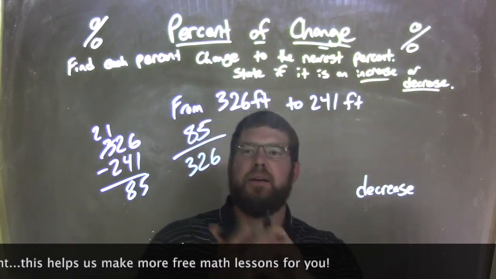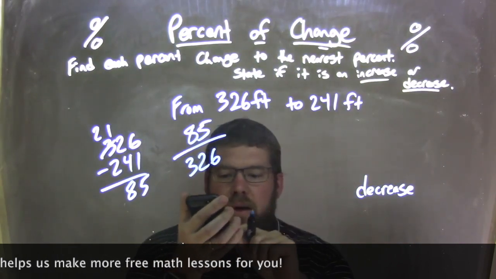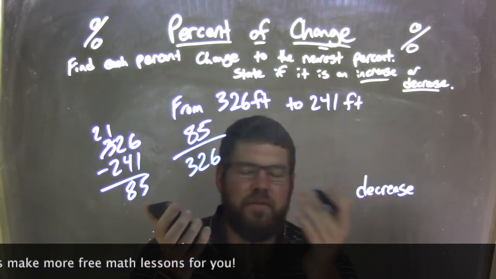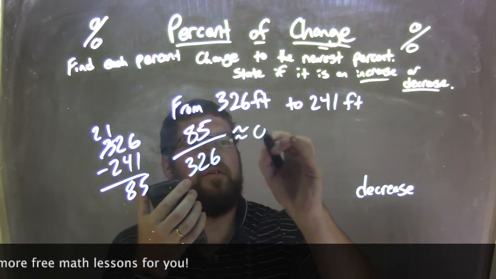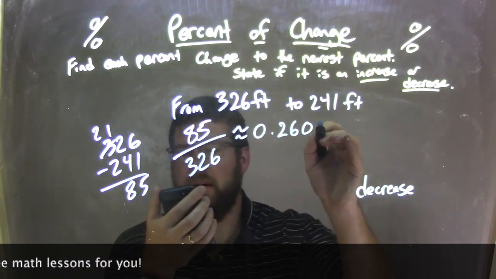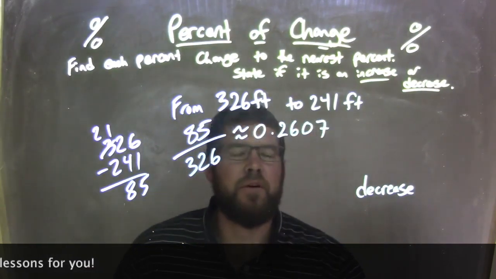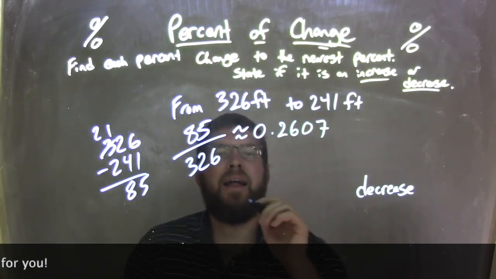I'm going to use my calculator here. I don't need to, but it makes it easier. 85 divided by 326, I'm doing it here for speed reasons. 0.2607. Okay, so we have approximately a decimal of 0.2607. I now need to write that as a percent.